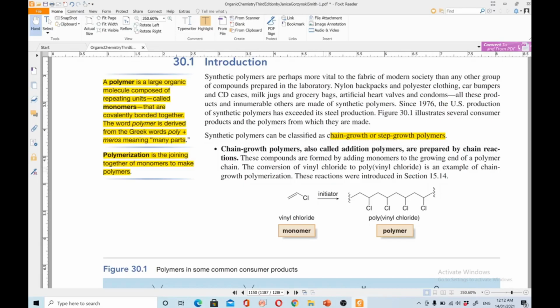The conversion of vinyl chloride to polyvinyl chloride is an example of chain growth polymerization. These reactions were introduced in this section of the book. So this is vinyl chloride, a monomer. If we react vinyl chloride in the presence of an initiator, then we can prepare polyvinyl chloride. You can see monomers like vinyl chloride join together to make a polymer.